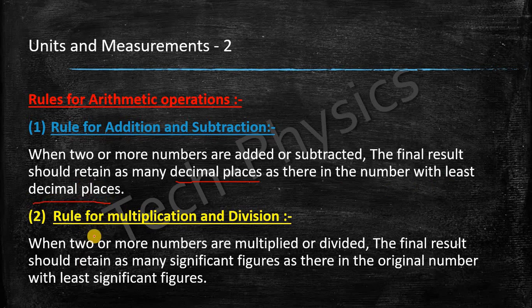And the rule for multiplication was, when two or more numbers are multiplied or divided, the final result should retain as many significant figures, not decimal places, here it is significant figures, as there are in the original number with the least significant figures. These were the rules for arithmetic operations with significant figures.